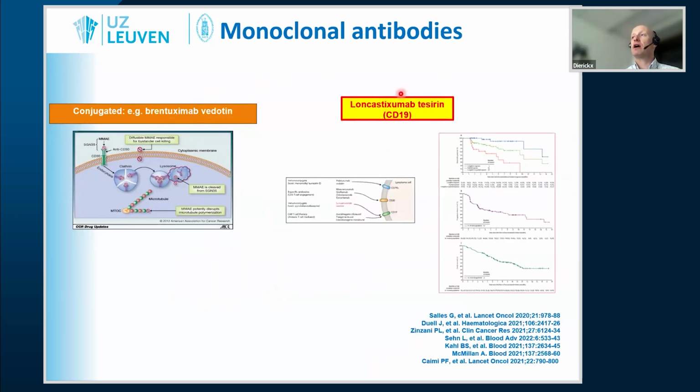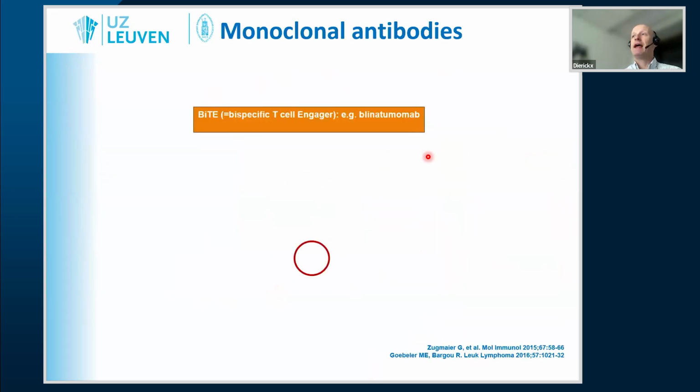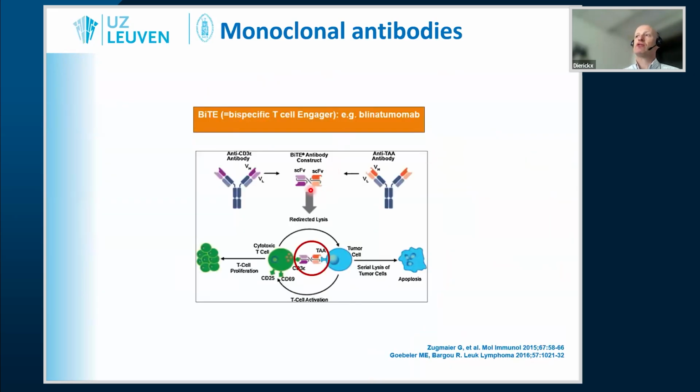Another example is another anti-CD19, loncastuximab tesirine, which is not reimbursed in Belgium yet, but will probably come in the future. And then we have the bispecific T-cell engagers, in which you have two parts of two different antibodies which are combined, one against a tumor cell, for example, anti-CD19, and one targeting CD3 on cytotoxic T cells.